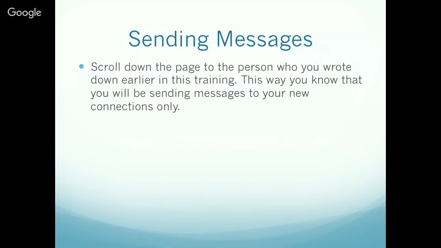Now you're going to scroll down the page, or continue scrolling down the page, to the person who you wrote down earlier in this training. You're going to find that name, and this way you know that you will be sending messages to your new connections only. So once you find the name of the person who you wrote down, go to the person above them.